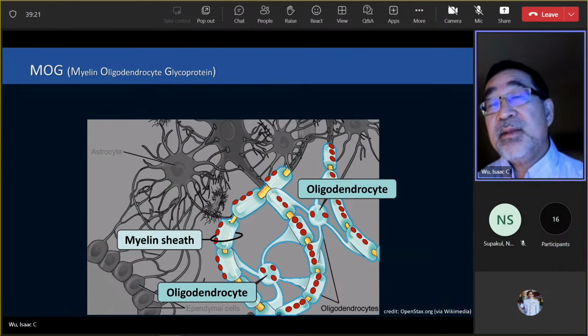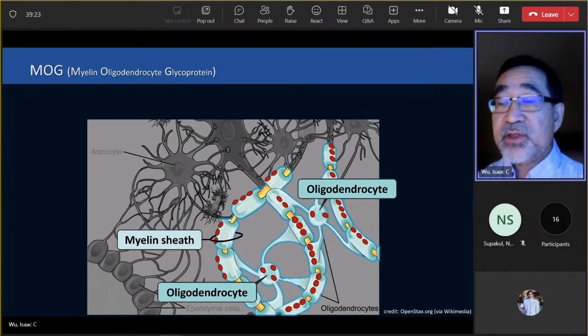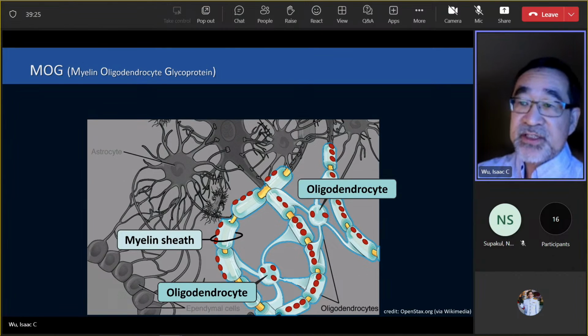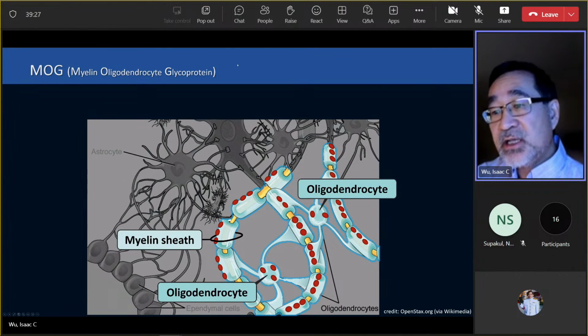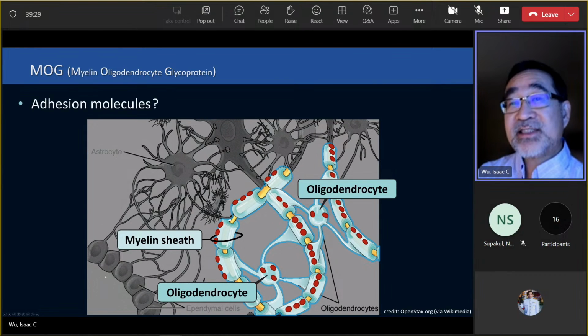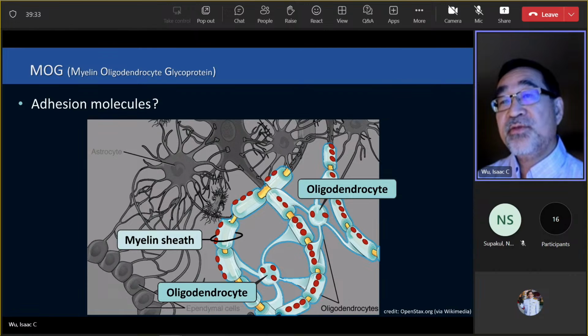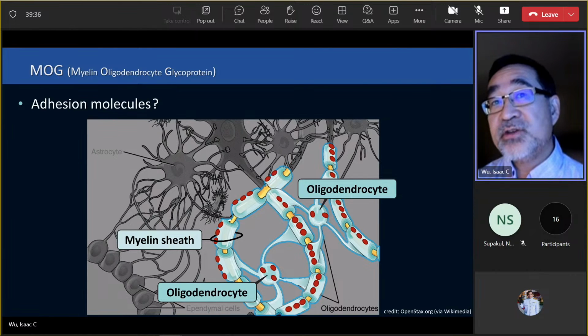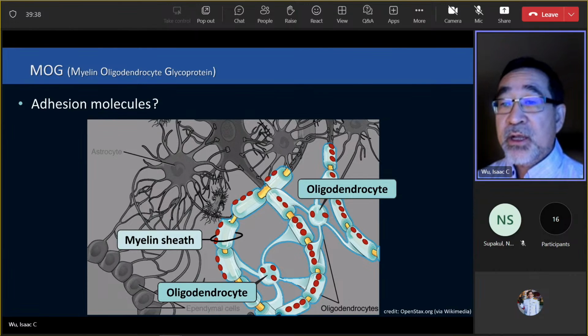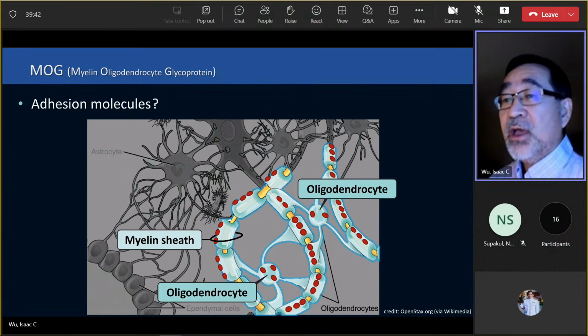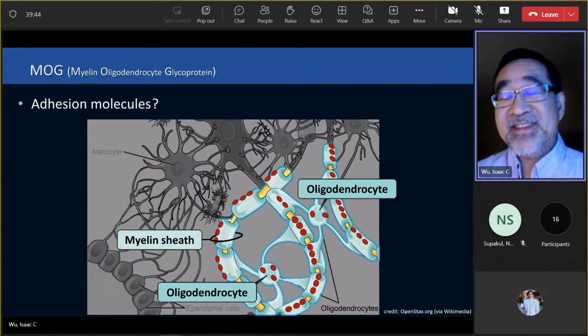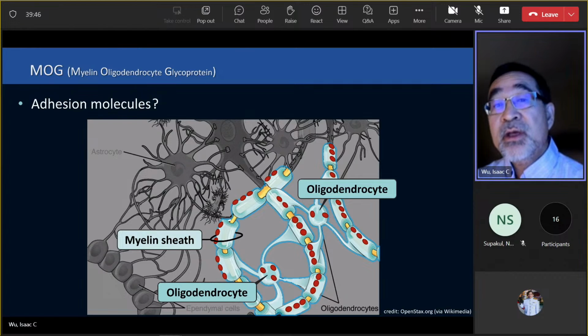The myelin oligodendrocyte glycoprotein is embedded on the surface of the myelin sheath, as well as the oligodendrocyte. The exact function is not clear, but many think that it serves a very important function. At least part of the function is as an adhesion molecule. So imagine that if you have an antibody attacking this adhesion molecule, it can help disrupt the integrity of the myelin sheath.